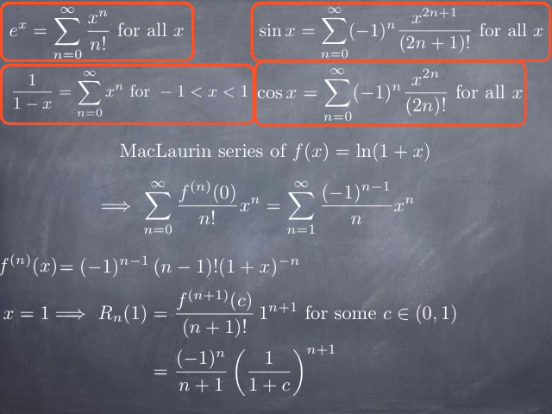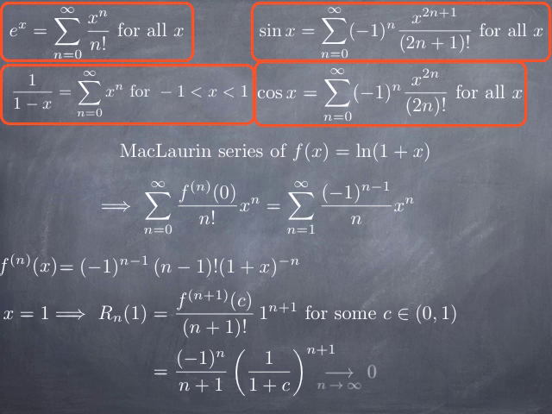So what we obtain here is, I'm sorry, it should be (-1)^n over n plus 1 times (n+1) factorial, multiplied by 1 over (1 plus c) to the n plus 1. And because c is greater than 0, 1 over 1 plus c is less than 1, and therefore this 1 over (1 plus c) to the n plus 1 goes to 0.